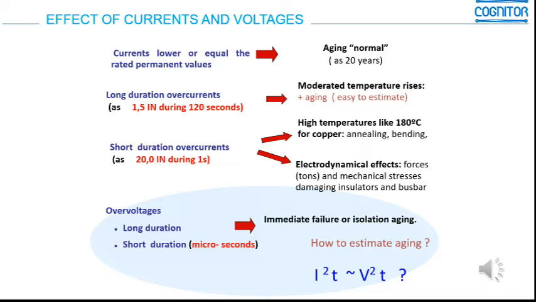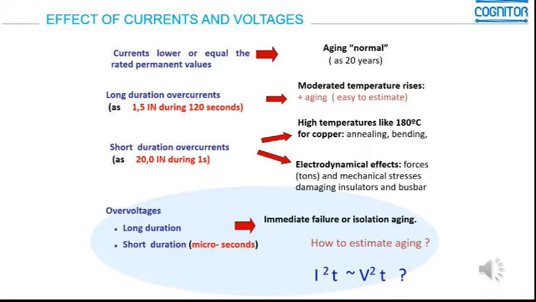We have also the long duration overcurrents, and overcurrents here, in the sense of this video, are currents, let's say, 20%, 30%, 50% higher than the rated permanent currents. These currents occur usually with a duration of a few seconds to some dozens of seconds or even minutes.